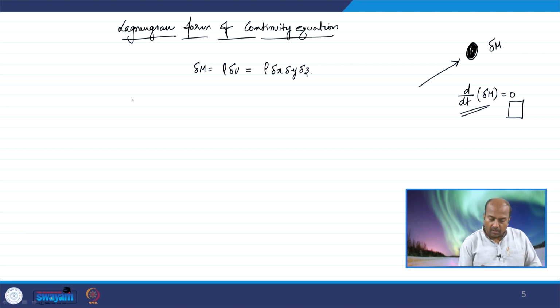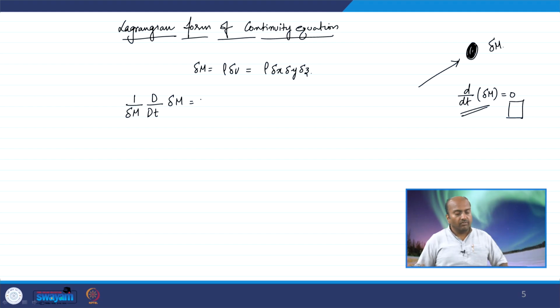So we can write 1 by delta m, D by Dt of delta m. So I am writing a fractional change of delta m with respect to time, but I am using capital D by Dt, which means I am starting my derivation with a total derivative.